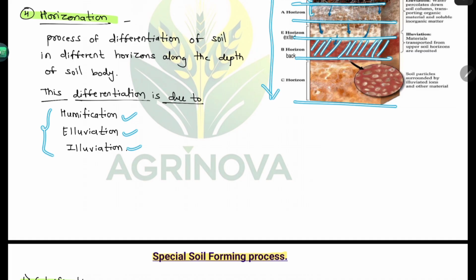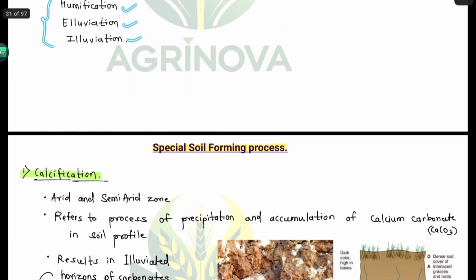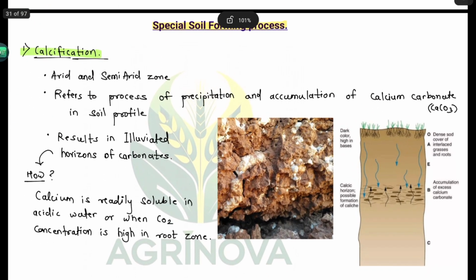Okay, then next we have to see about the special soil forming processes. Within which the first special soil forming process is calcification. In calcification, basically it takes place in the region of arid and semi-arid zone.